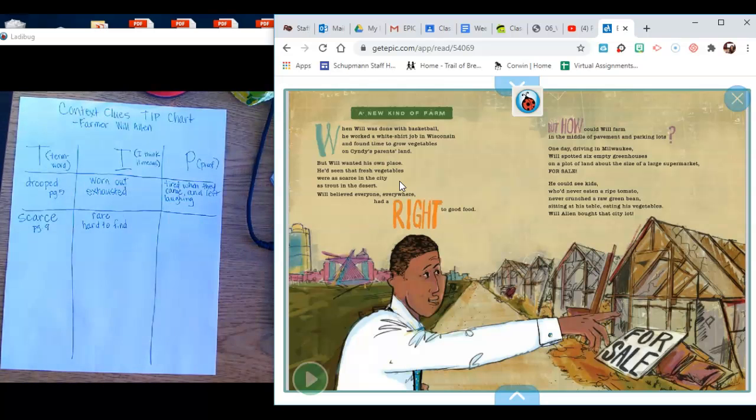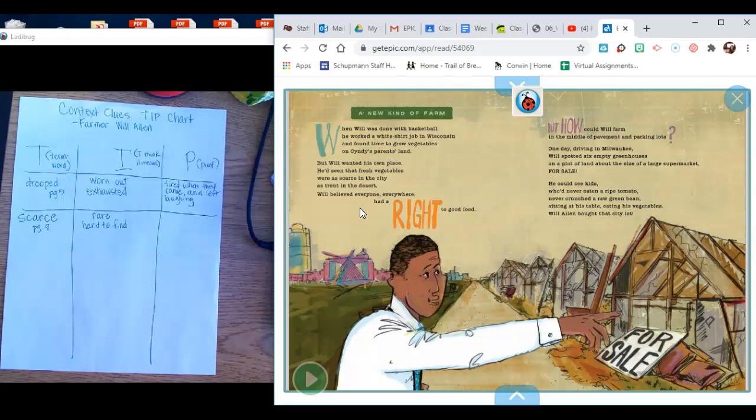Okay, so now I get to jump over to my proof column. Okay, in the text, remember that proof has to come from the text. We got to know what the author put in there that helps us answer the question. Remember, the vegetables were as scarce in the city as trout in the desert. Now remember, the clue that we used was this trout in the desert statement.